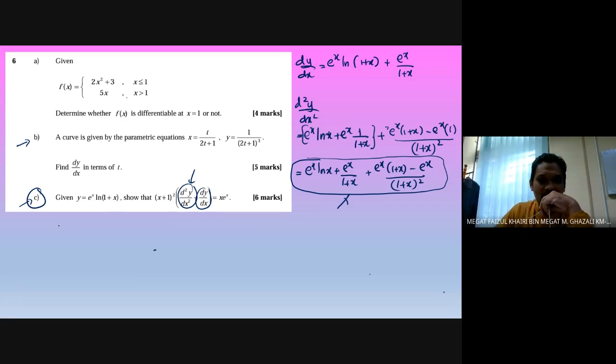So let's say (x plus 1) squared times the first derivative and the second derivative here. This is 1 times x squared, so then e^x ln(1+x) multiplied with 1 plus x.